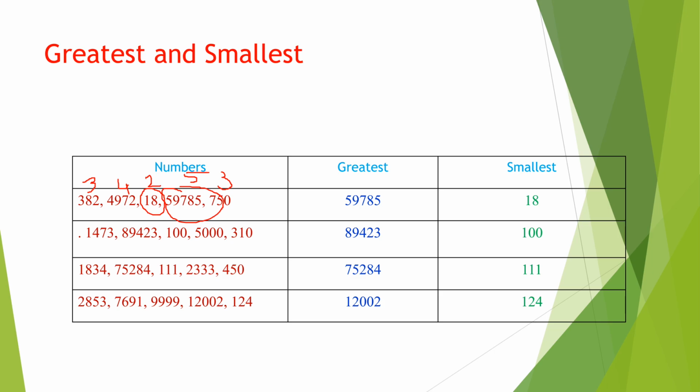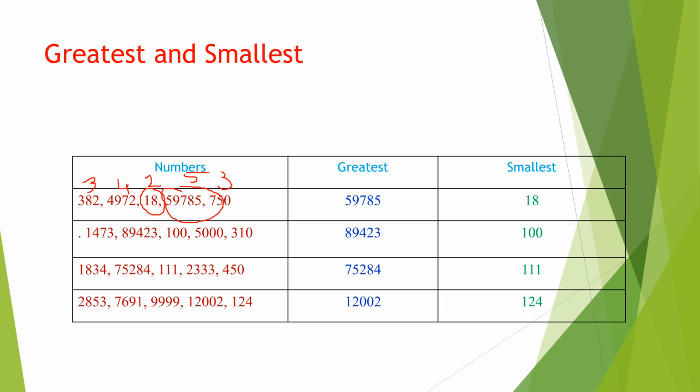Next question. 1,473, 89,423, 100, 5,310. We have to find the greatest and smallest number. In 1,473, how many digits are there?